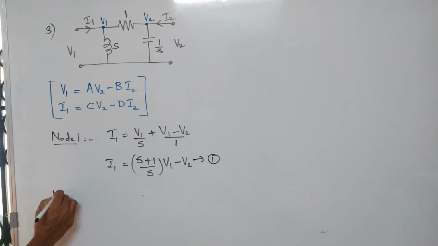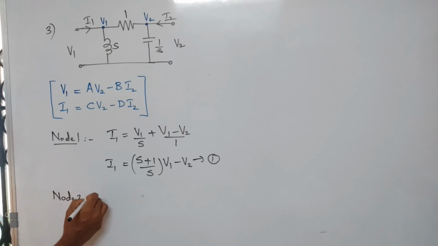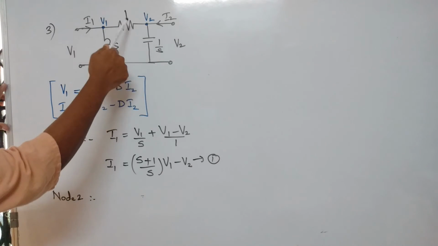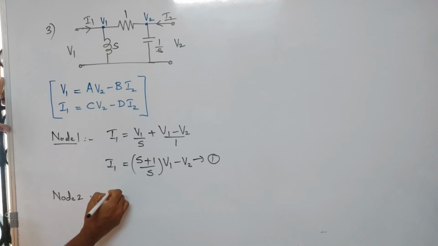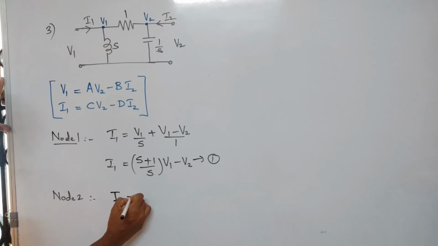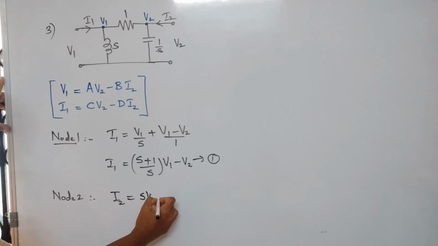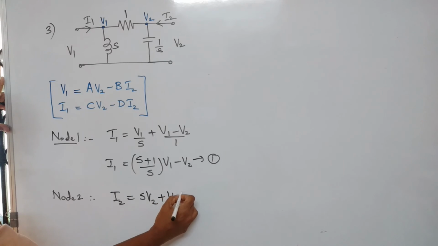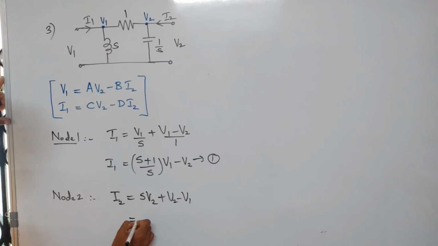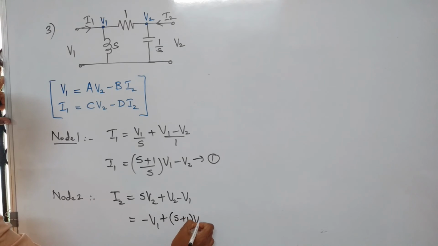Now let's write equation for node 2. I2 is entering the node. So I2 is equal to V2 by 1 by S, that is S into V2 plus V2 minus V1 by 1, or I2 is equal to minus V1 plus S plus 1 V2.